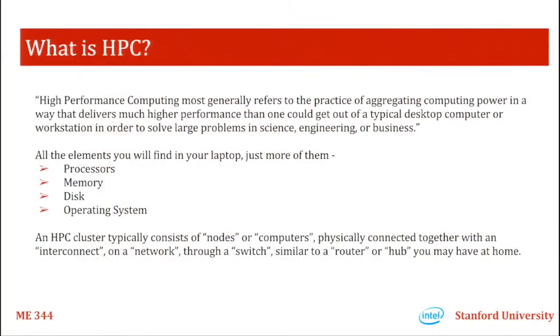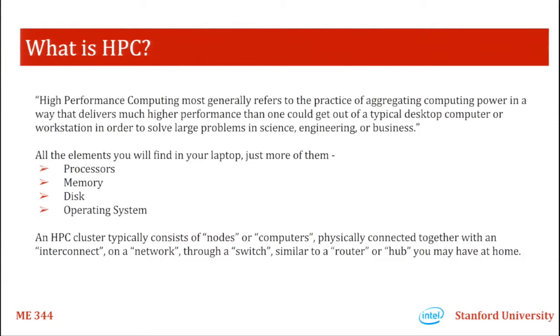It could be an example of that, or it could be a collection of computers like that. But essentially, an HPC system has all the same elements that you would have on your laptop or desktop: processors, memory, hard drive, and an operating system of some sort. They're usually connected together by some type of interconnect or network.